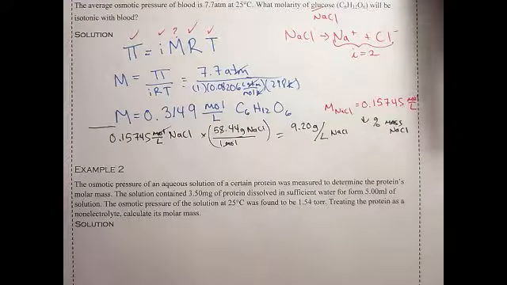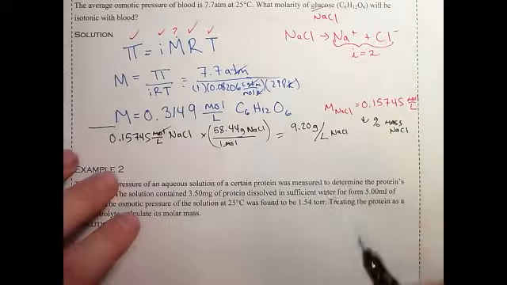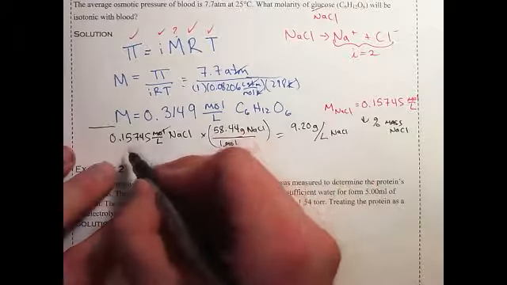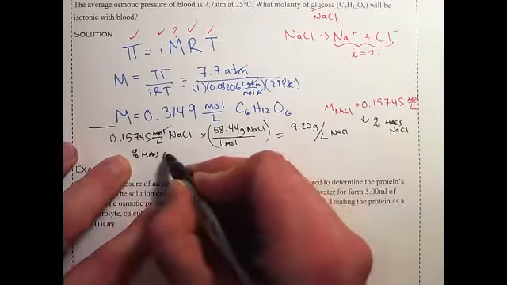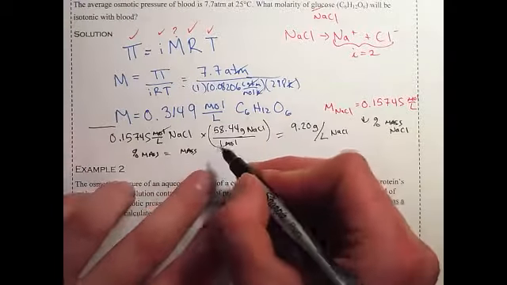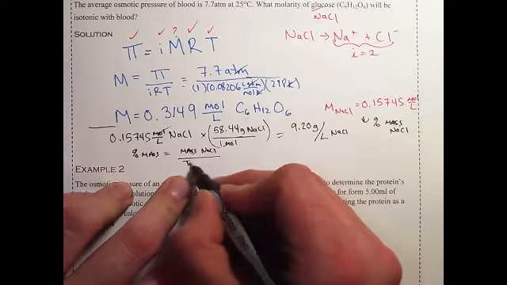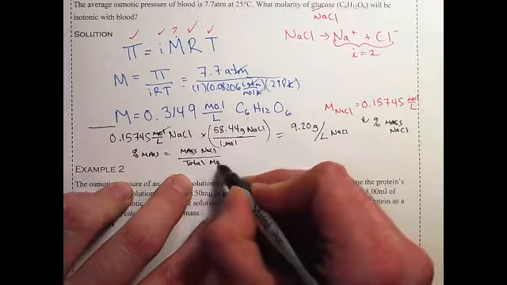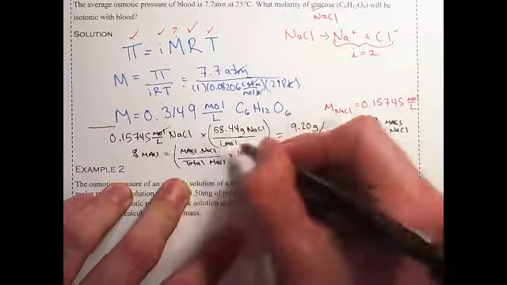We'll make a couple assumptions here. We'll assume that the bag is at 20 or 25 degrees. So to get percent mass, it's the mass of NaCl over the total mass of the solution times 100.